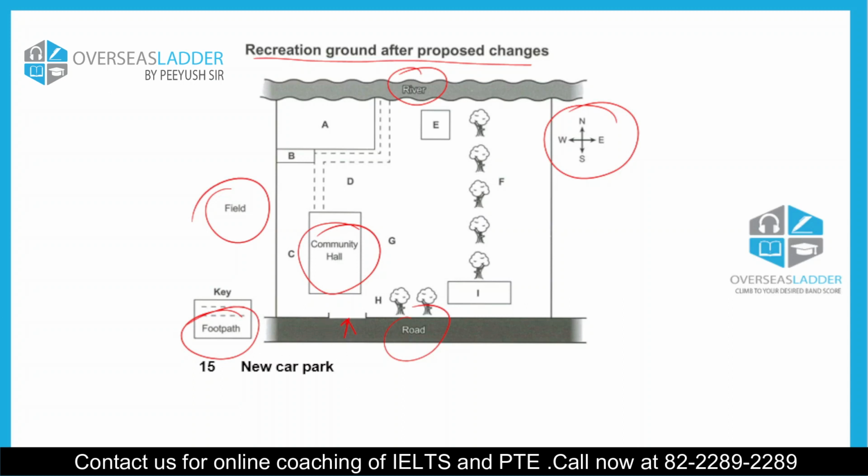So let's listen. So next on the agenda is proposals for improvements to the recreation ground. Councillor Thornton again. Well, since we managed to extend the recreation ground, we've spent some time talking to local people about how it could be made a more attractive and useful space.